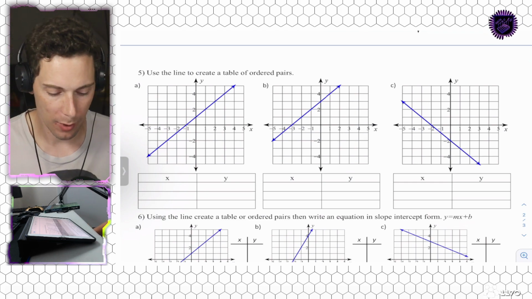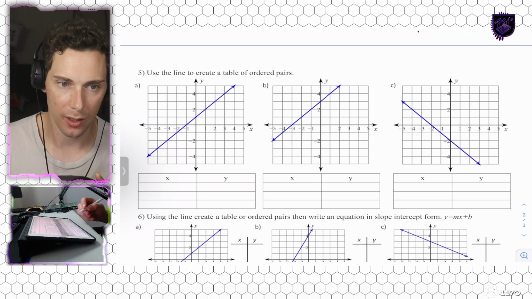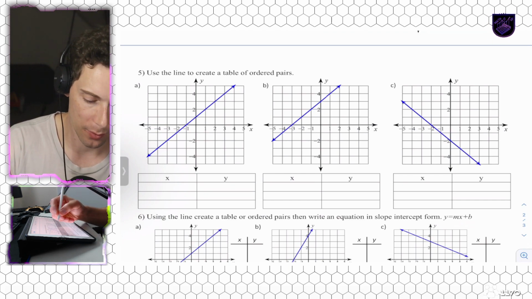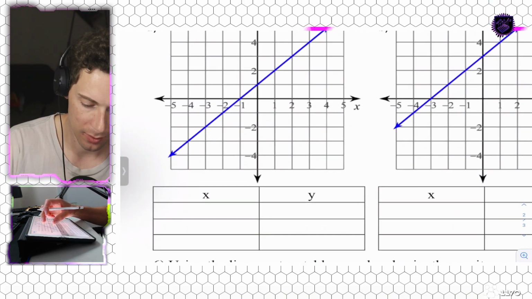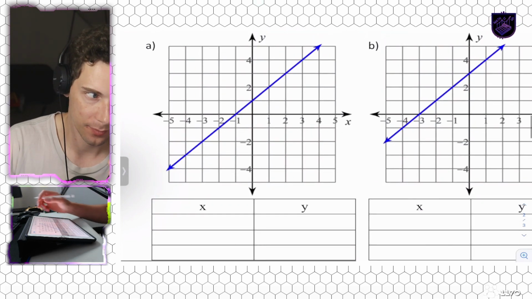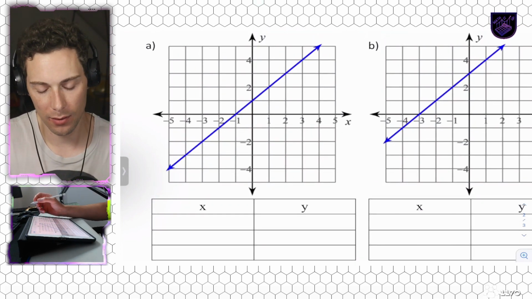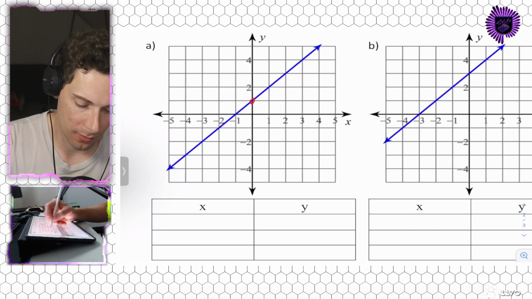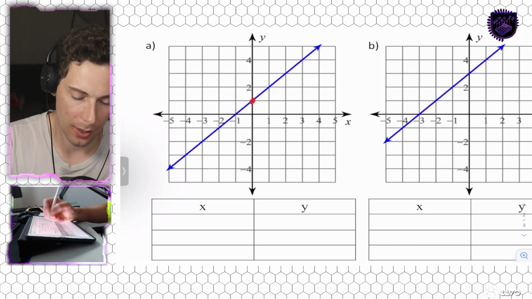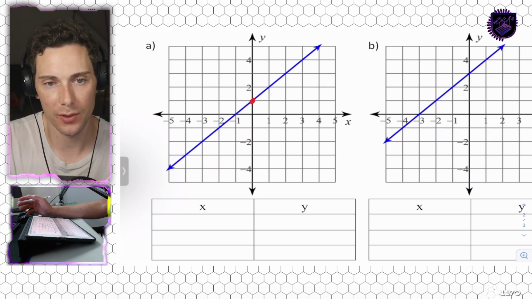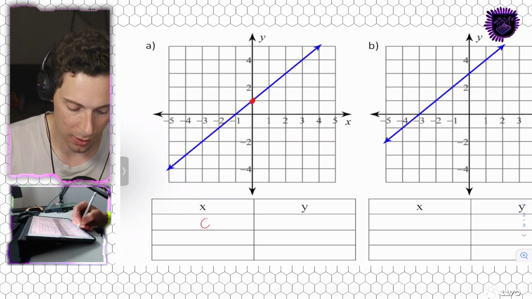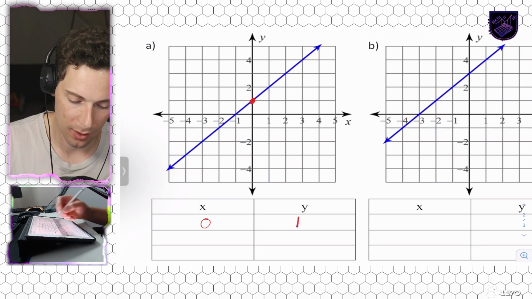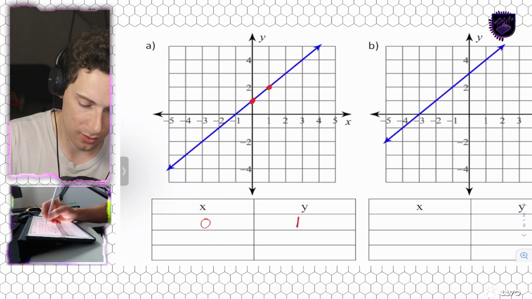And I always recommend, if possible, starting on the y-intercept, which is where x equals 0. So x is going to equal 0, and where x equals 0, y is 1 in this case. And then do the next 2 points.